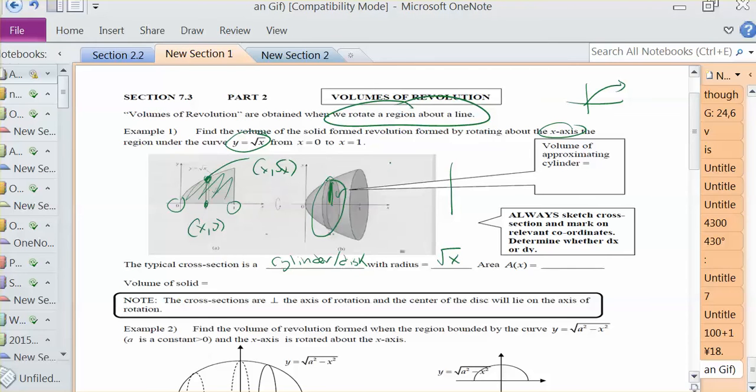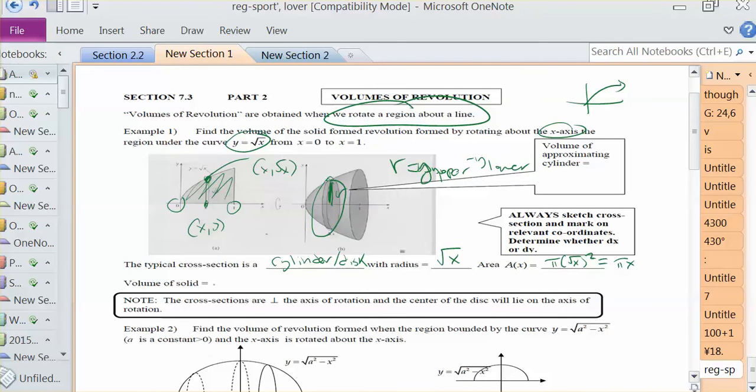So our radius is y upper minus y lower. Sorry, it's messy handwriting. So with a radius of root x, our area of course is pi root x squared, which of course is pi x.